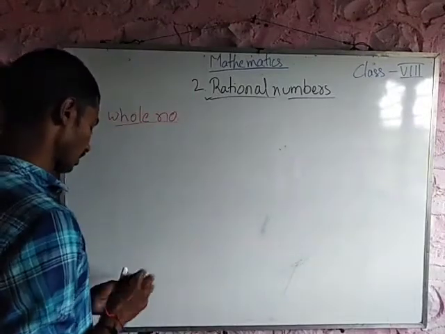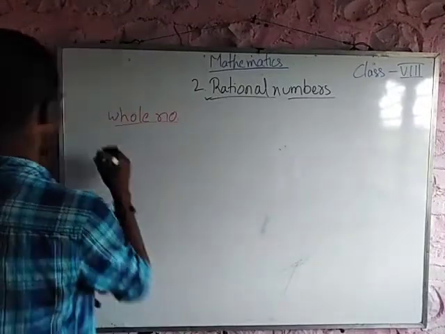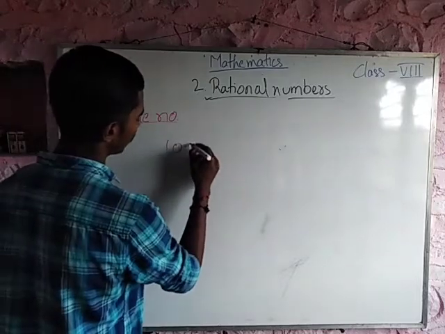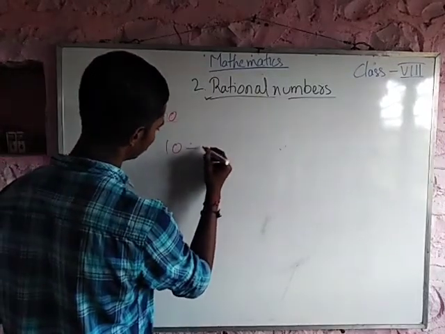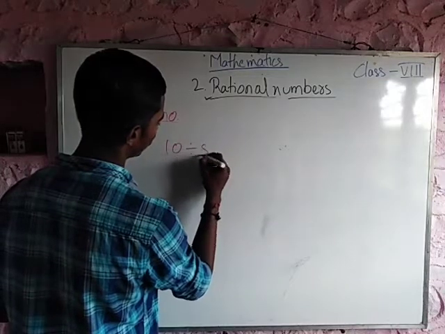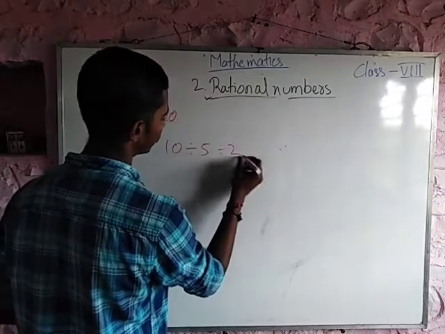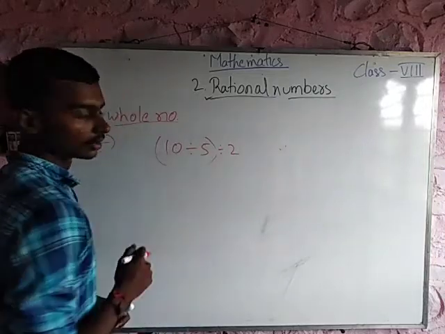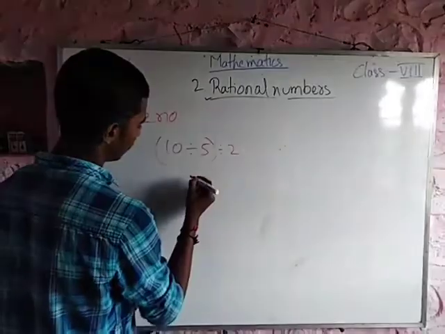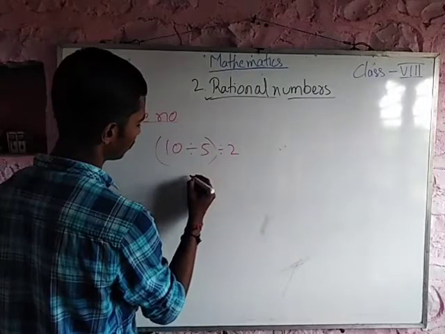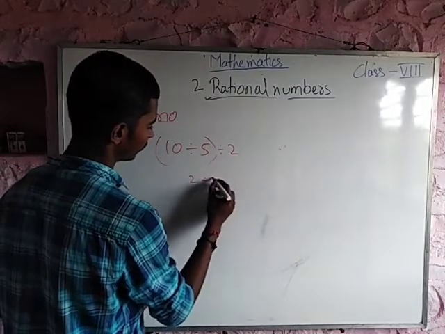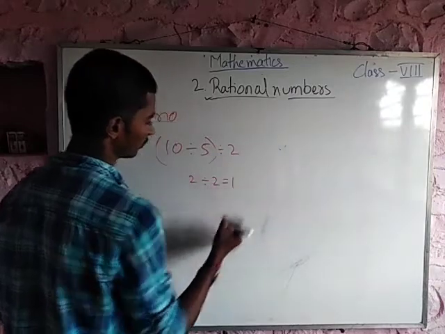Now division. Division, 10 divided by 5 divided by 2. First way is this. 10 divided by 5 will give me 2, 2 divided by 2 will give me 1.